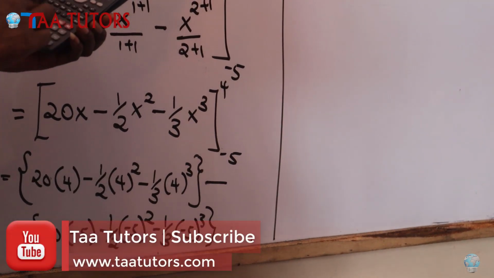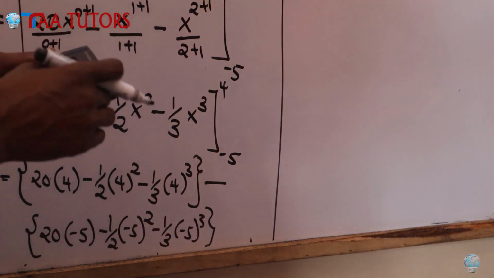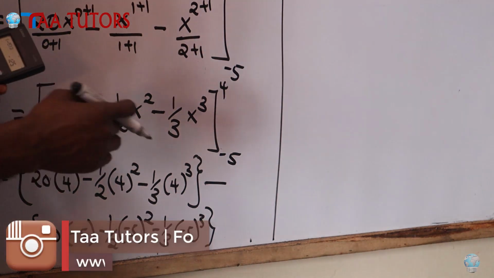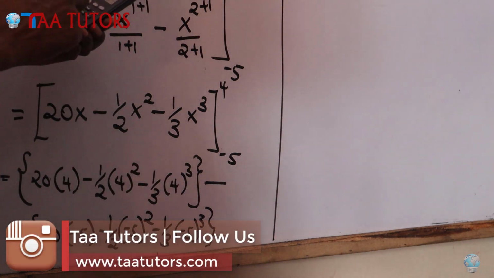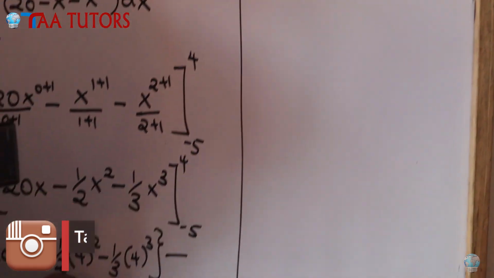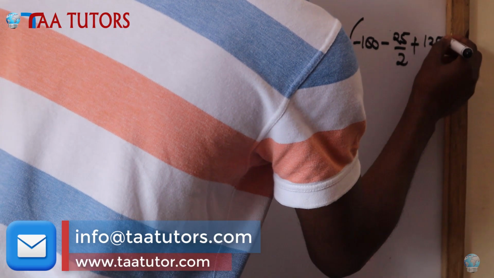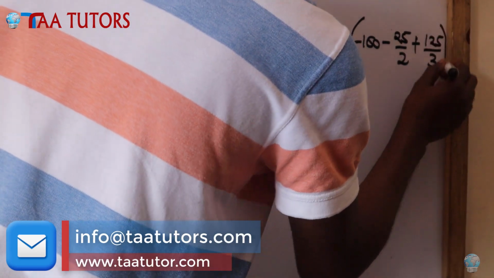Negative 5 cubed should be minus 125. Negative 125 times negative a third should be plus, because we have negative a third times negative 125, which is plus 125 over 3.